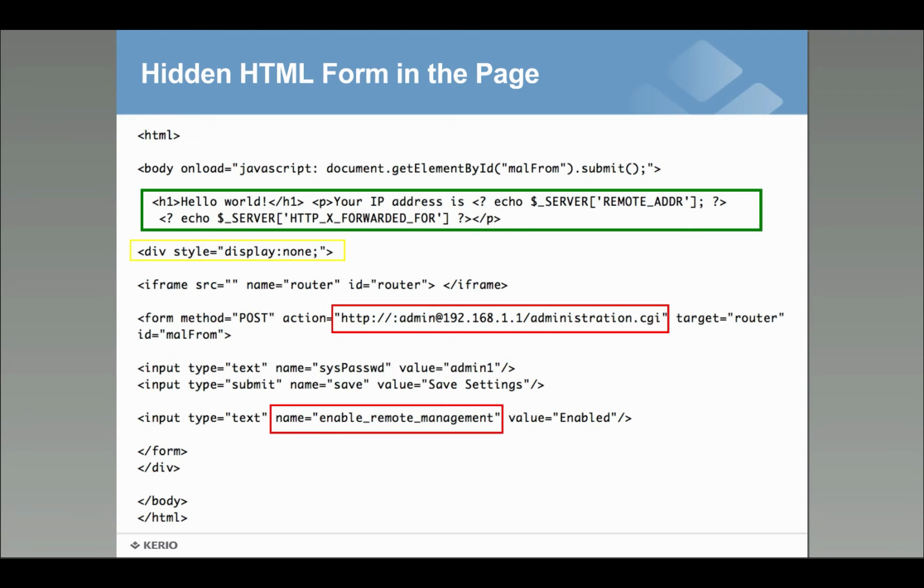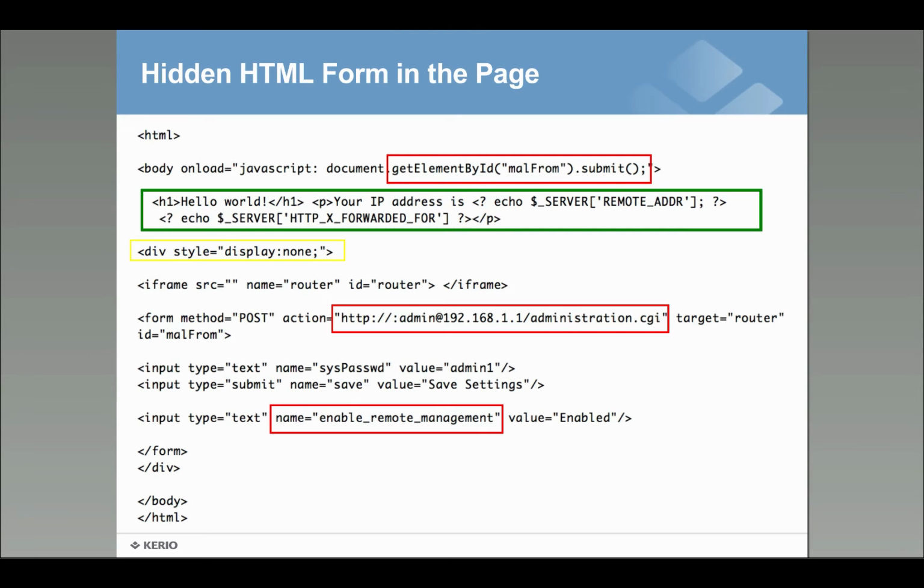So it needs some parameters. The most important for the attacker is enabling remote management, which is one part of the form, and this form is absolutely the same form as you saw in the real configuration interface of the modem.